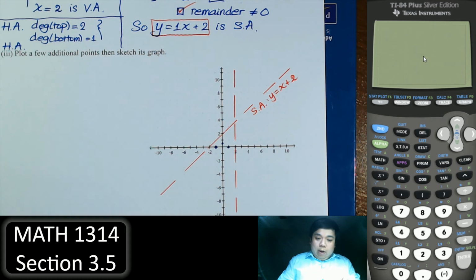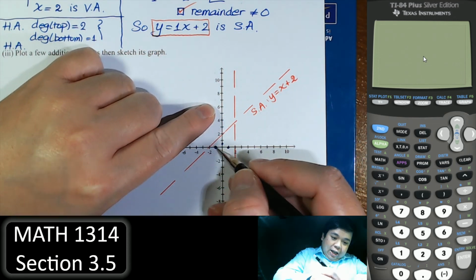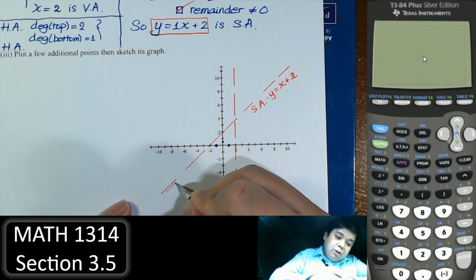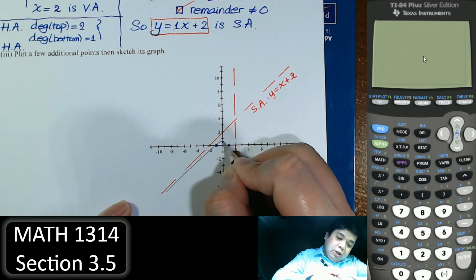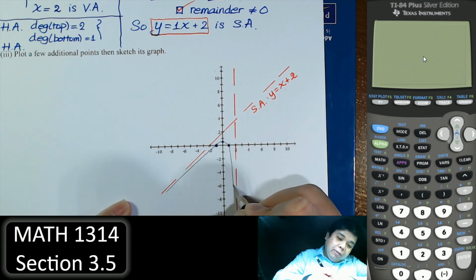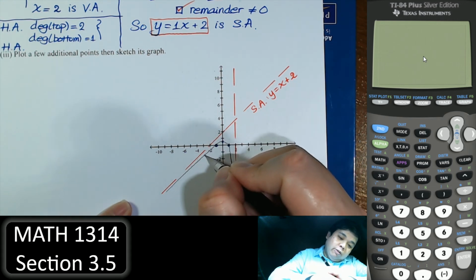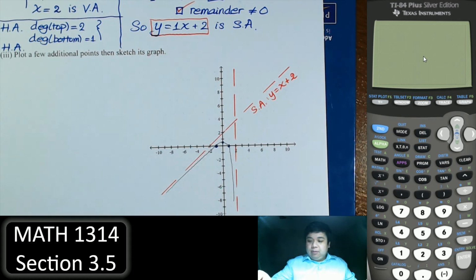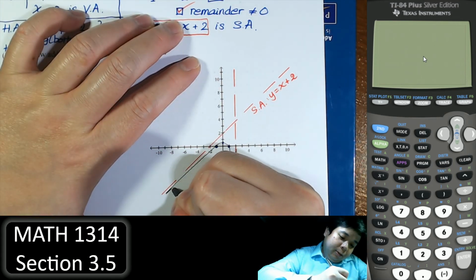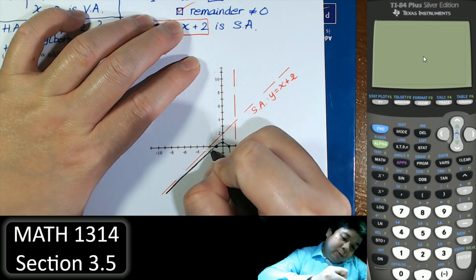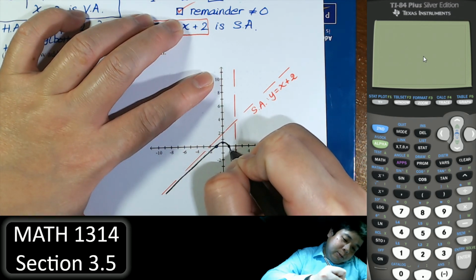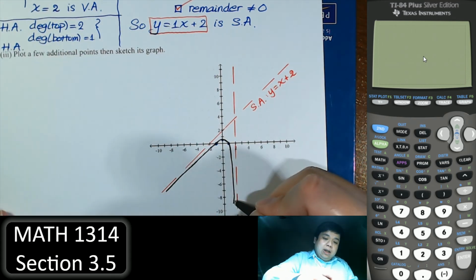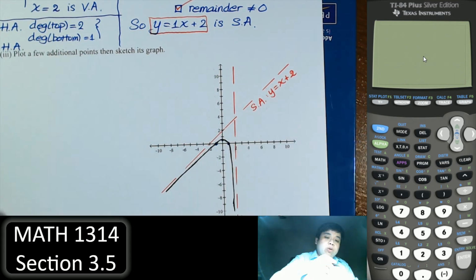Right, now we have 3 points at the bottom. Now the asymptote is where the function is approaching to, so it should look like this, because from this point the function approaches the asymptote. That's what we have. Right, so here we have enough points to determine that.